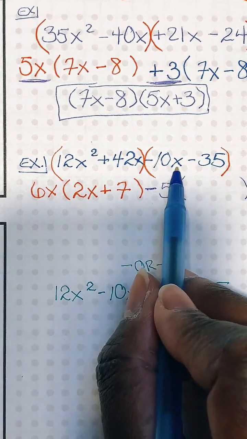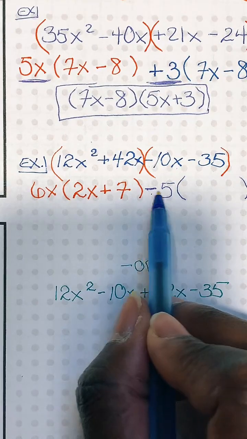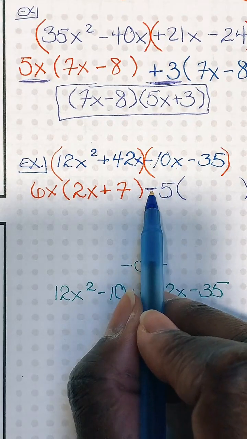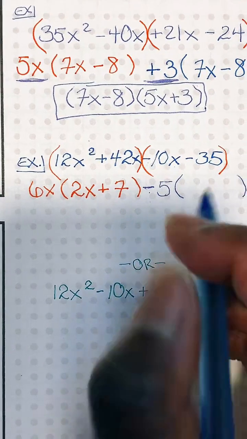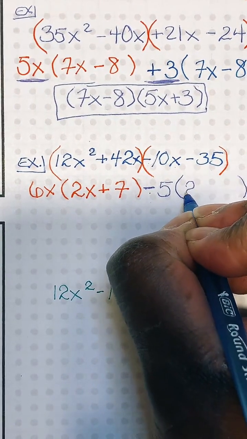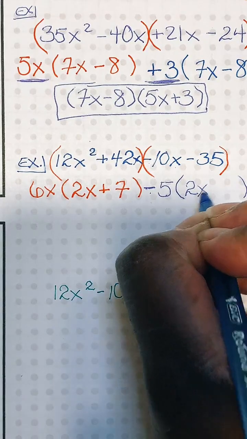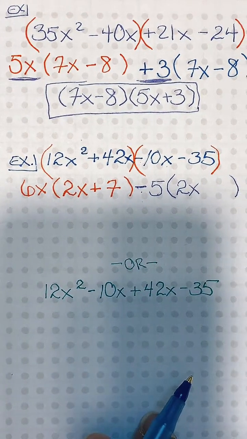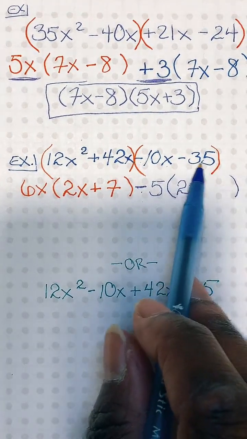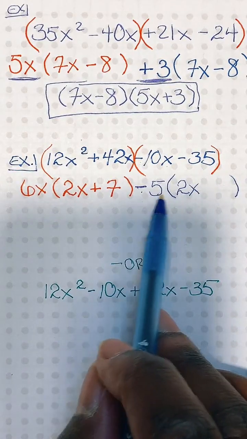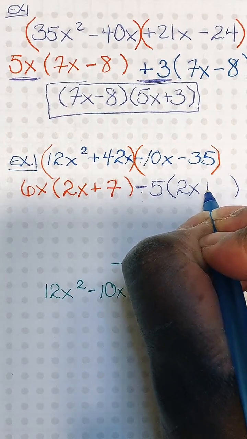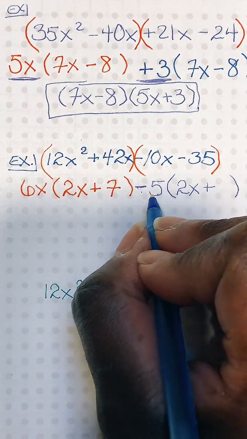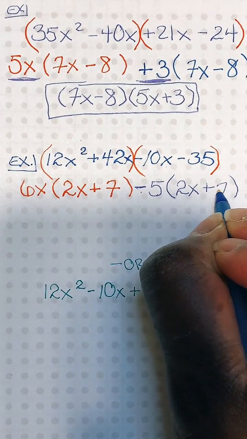So negative 10x divided by negative 5, a negative divided by a negative is a positive, and 10 divided by 5 is 2, so it'll be a 2x. Then negative 35 divided by negative 5, a negative divided by a negative is a positive, and 35 divided by 5 is 7.